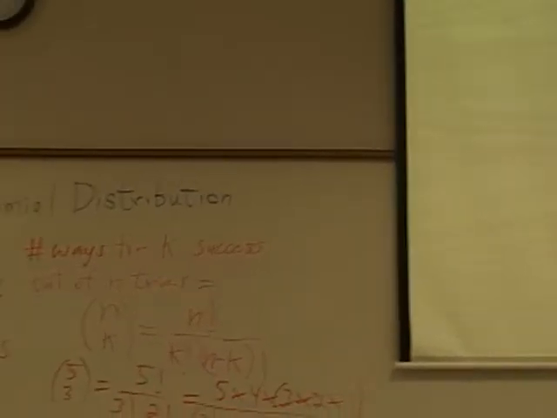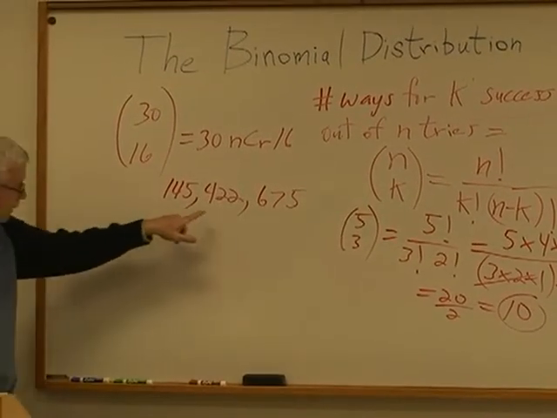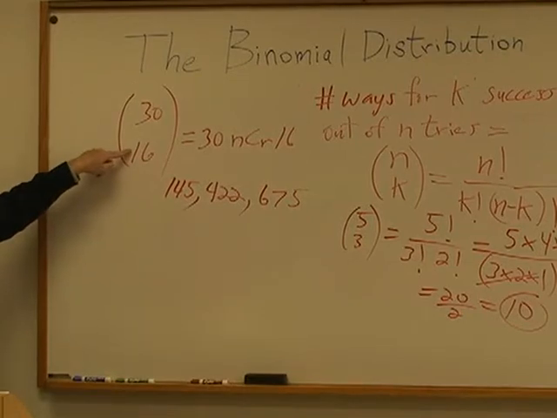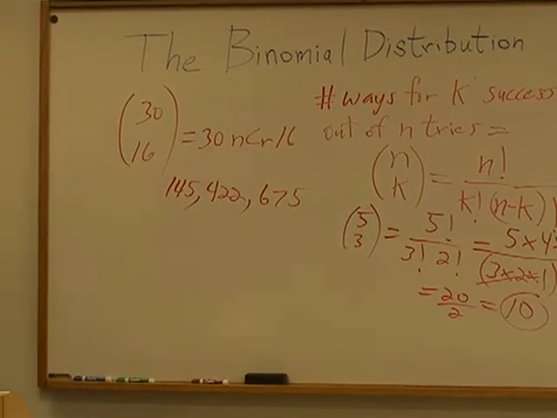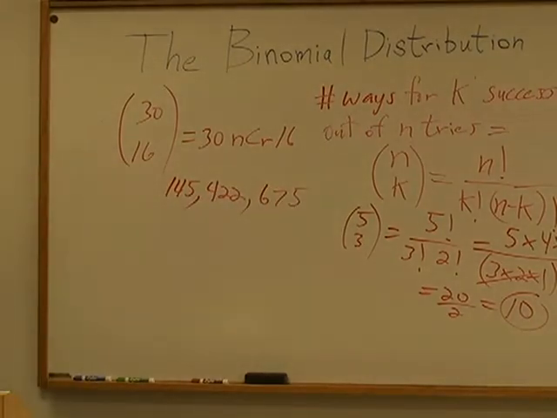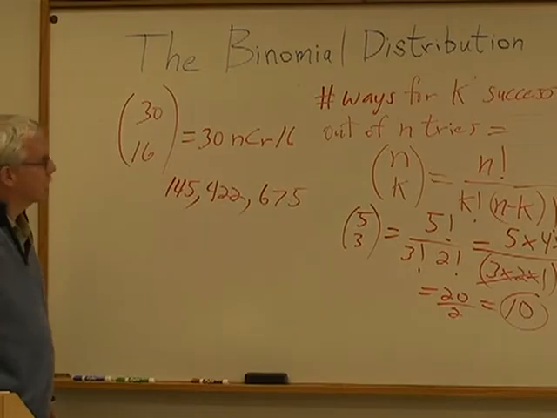That is, if I try something 30 times, there are that many different patterns of length 30 that contain exactly 16 successes, or exactly 16 heads, if I'm thinking in terms of heads and tails, and we certainly wouldn't want to list that out to get that number.